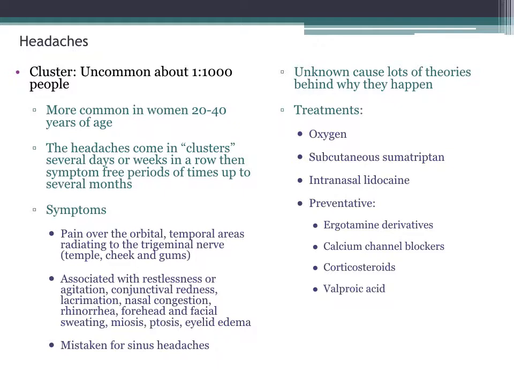They're associated with feeling restless, having agitation, having redness and tearing of the eyes, which also goes along with nasal congestion, runny nose, forehead and facial sweating, miosis and ptosis, and eyelid edema. They're often mistaken for sinus headaches. They really don't know why they're caused, but there's a lot of theories behind why they happen.